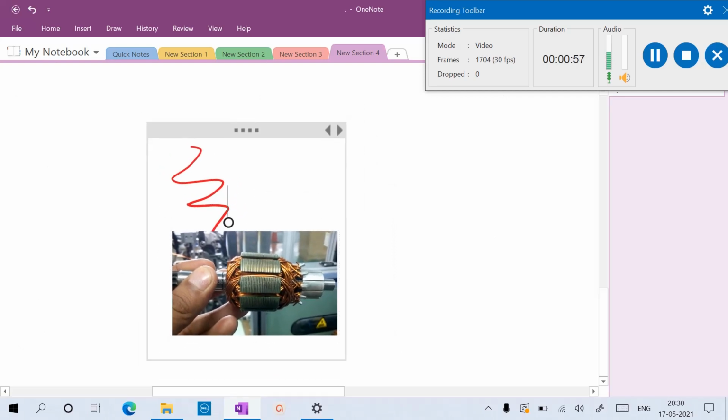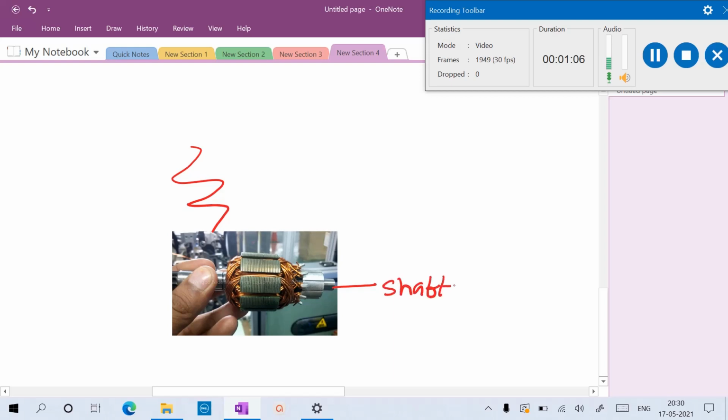This armature consists of the armature core, shaft, commutator and armature winding. This winding we are going to learn in this class clearly.